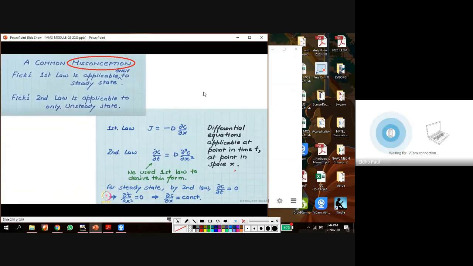By applying the limit during the derivation, this dC by dt changes to instantaneous time.